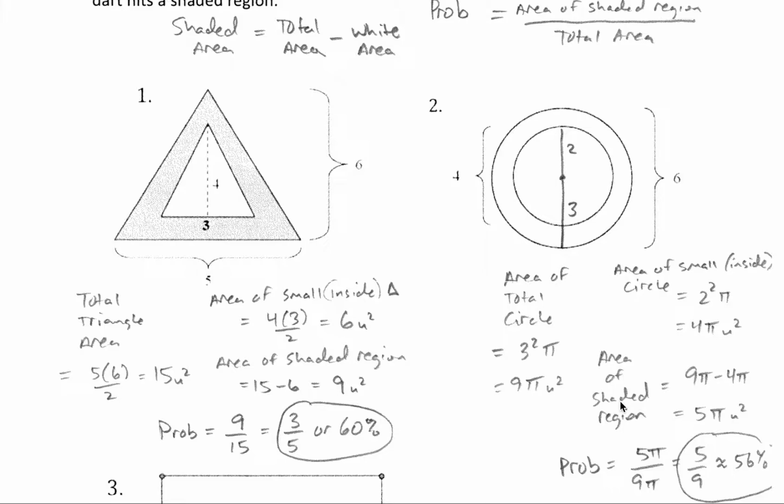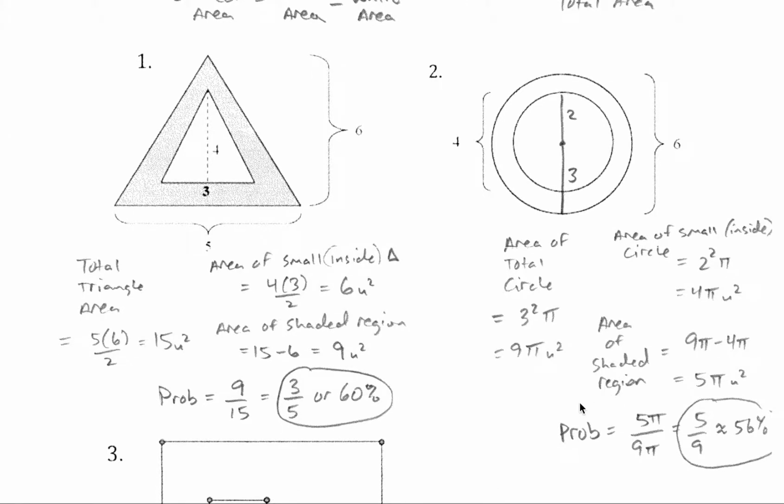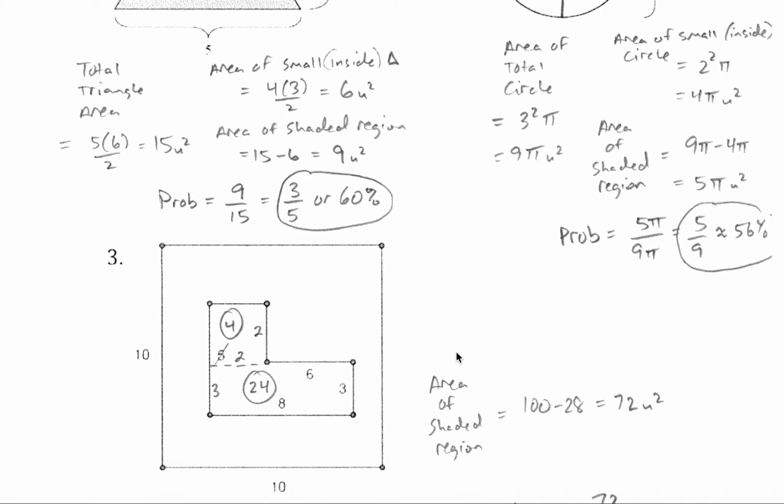Now that we have the area of the shaded region, let's compare that to the total area. So 5 pi compared to 9 pi. We can reduce or simplify those pi's. They cancel and go away, leaving us with just 5 over 9, or about 56%. So a little less probability, if we hit the circle, of hitting it in the shaded region than the triangle was. Let's do one more example.